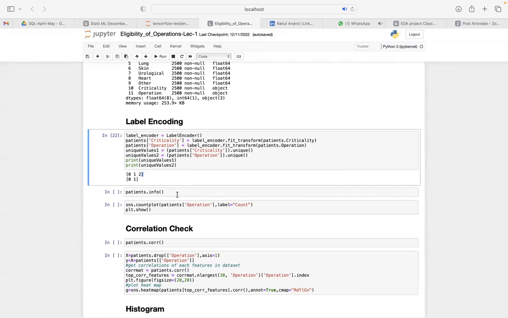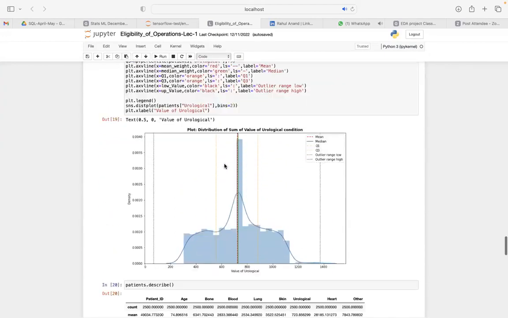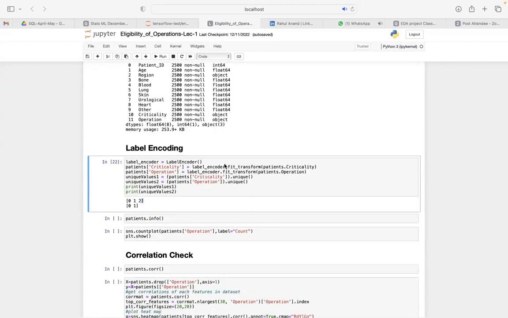One hot encoding is obviously more satisfactory because you do it according to your will. But in this case, we can use label encoding because there are only 3 categories in the criticality column and 2 categories in the dependent column. So 0 or 1, it will figure out that it should be labeled 0 or 1.